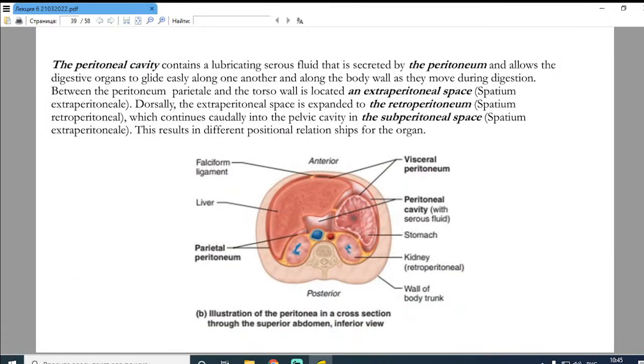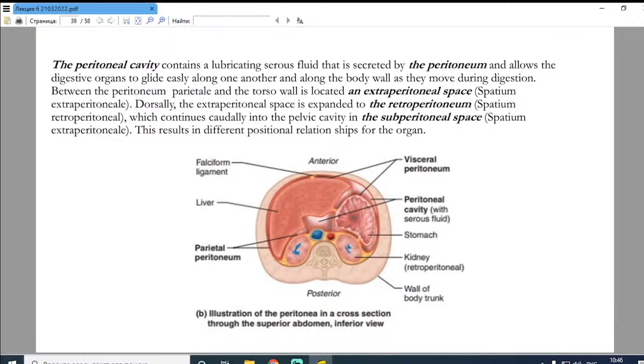The peritoneal cavity contains lubricating serous fluid that is secreted by the peritoneum and allows the digestive organs to glide easily along one another and along the body wall if they move during digestion. Between the peritoneum parietale and the torso wall is located the extraperitoneal space.